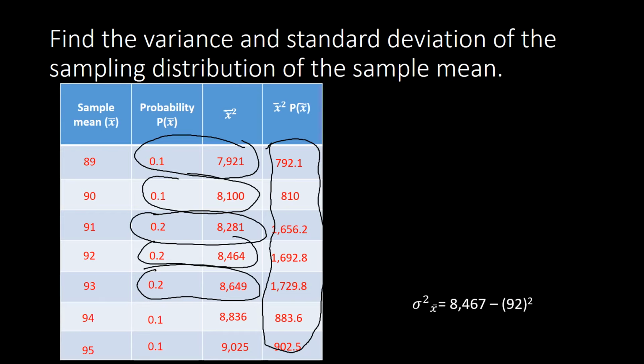That will be equal to 8,467, and then we will be subtracting that by our mean that we've obtained a while ago, which is 92, and we're squaring that out. So that is how we get our variance.